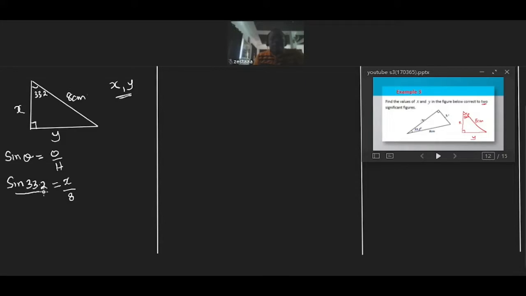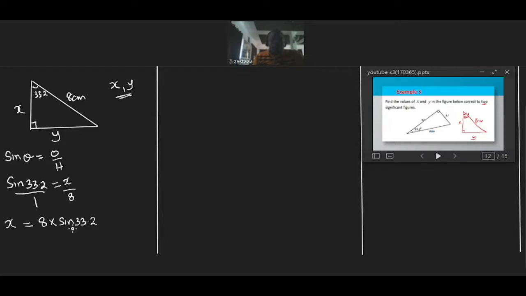When you cross multiply, x will be equal to 8 times sine 33.2.